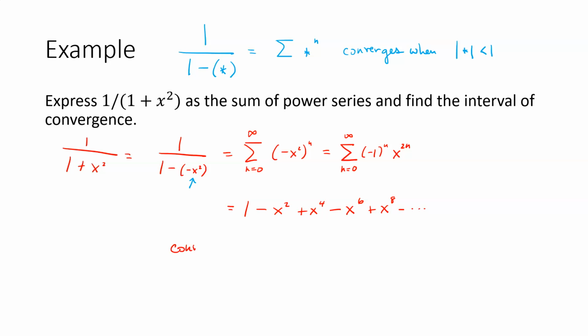So we know this converges when the absolute value of negative x squared is less than 1. Of course, taking the absolute value of negative x squared is the same as the absolute value of positive x squared. And here, taking the square root of both sides, we get just the absolute value of x is less than 1.